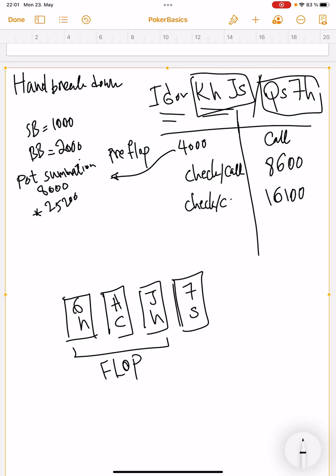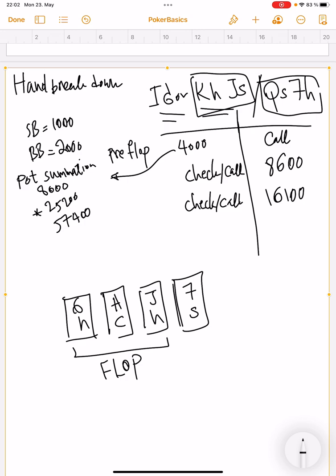So this is another check call. Now the summation of the two is 32,200, and 25,200 on top of it will be 57,400. I might be completely dumb, but I believe it should be this much, right? 25 and 32,000 will be 57, yeah, 57,400.